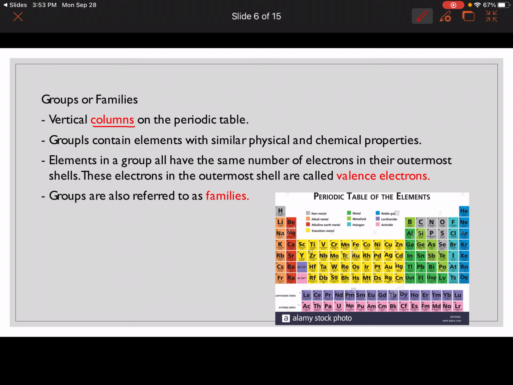Groups are also referred to as families. For example, this is a family. This is a family or a group. And these are the other families, which we're going to talk about here. So these are our columns. They're groups, also known as families.